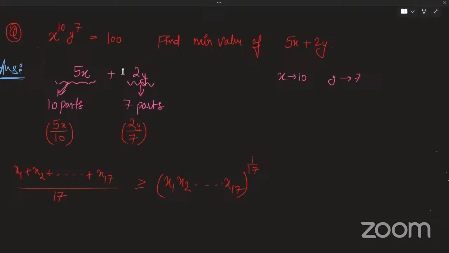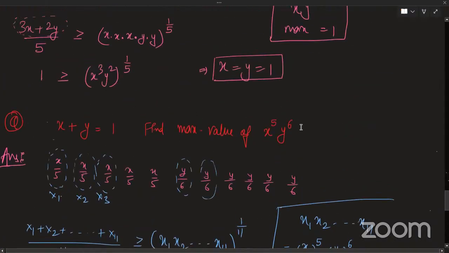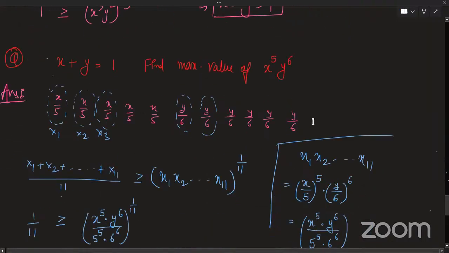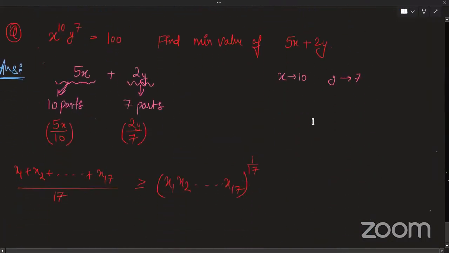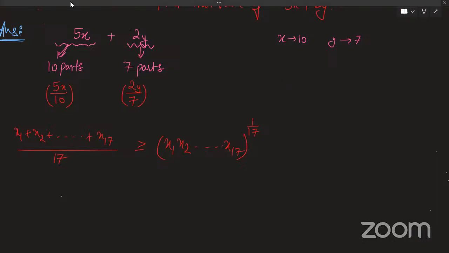Just apply the same logic we were applying above, and think of it in the opposite direction now. What should I do so that I get x raised to 10 and y raised to 7? Very easy. Break x into 10 parts, whatever you have of x. Break y into 7 parts, whatever you have of y. Now tell me, on my left side, what will be the sum of these?